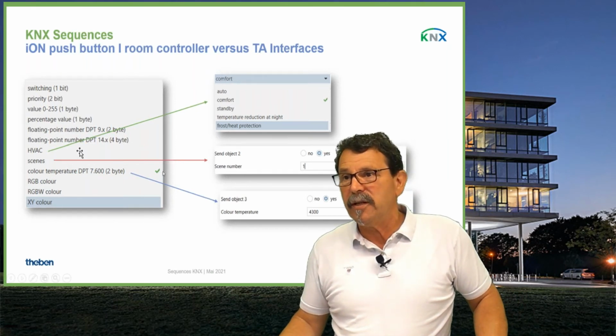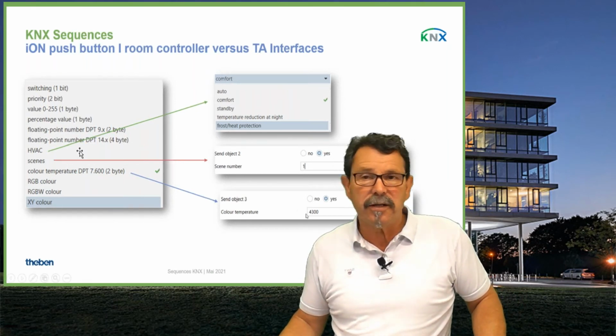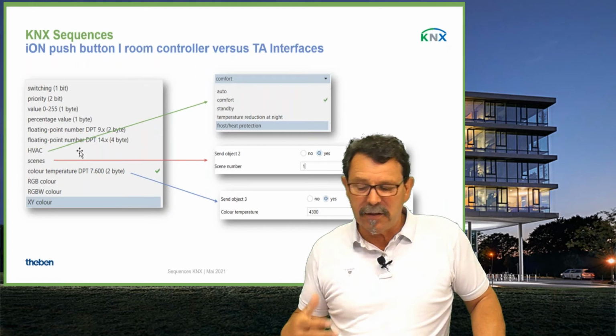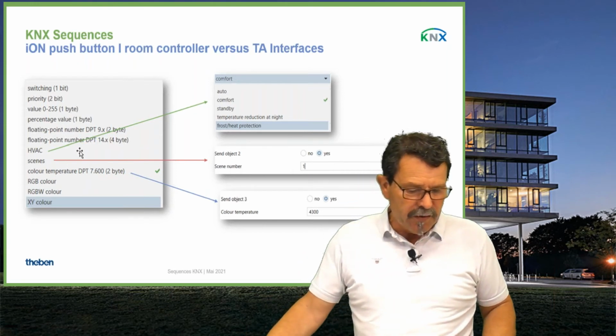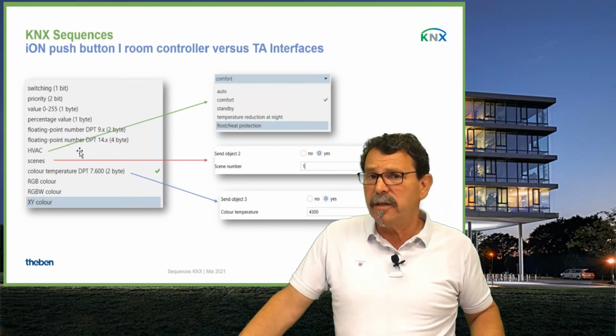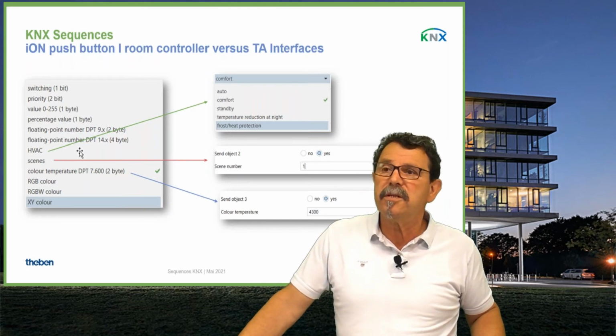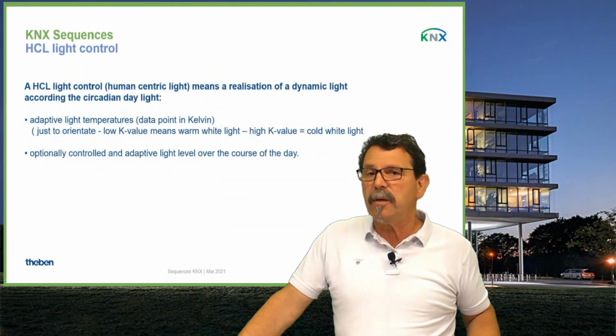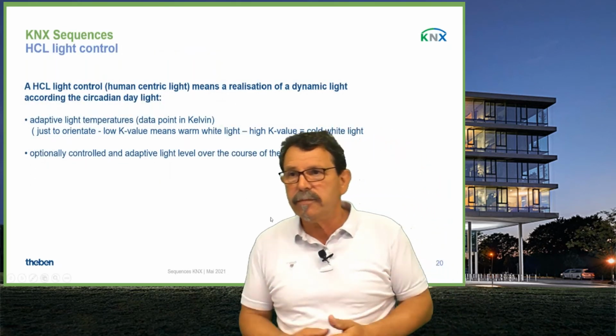When we talk about color temperature, it is interesting especially for circadian daylight and the light flow during the day. For that purpose, we do support this color temperature control too. And this could probably be of good interest in the future.